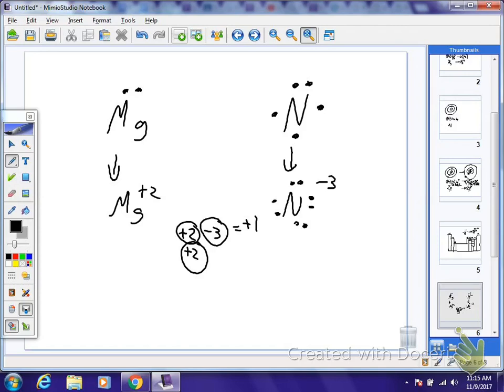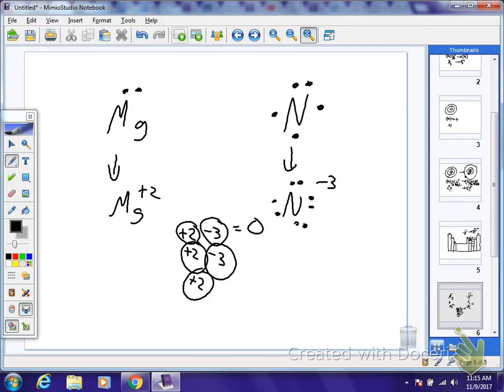All right, so I bring in another negative. Now what's the charge? Positive 2, or negative 2, right? So what do I have to do? Now the charge is 0. I'm good there. Now, you're not going to have to do that every single time.